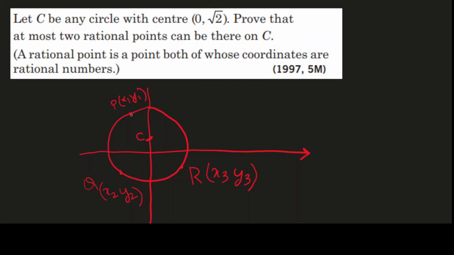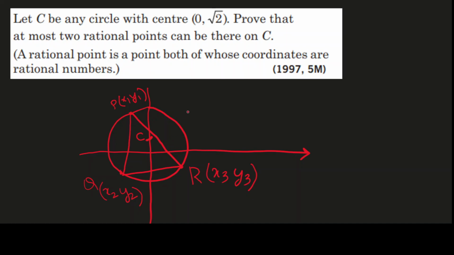Okay, so what happens if there are three rational points? The most intuitive thing to do is to join these points and see that PQR is a triangle, right? And PQR is a triangle whose circumcircle is the given circle.